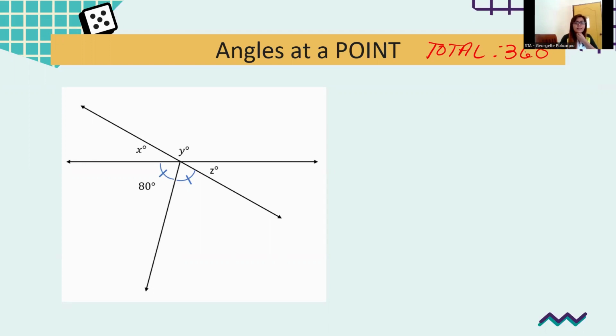Ibig sabihin, kapag inad natin si X, si Y, si Z, itong si 80 at itong missing na angle na to, dapat ang sagot lahat ay 360. Yung isang linya, isang half lang po, 180, then kung kasama na po yung kabilang side pa, it's 360 na po. Kumbaga parang dalawang protractor na pinagdikit mong ganun. So it's 360 degrees na.